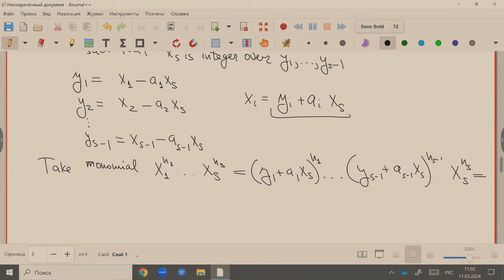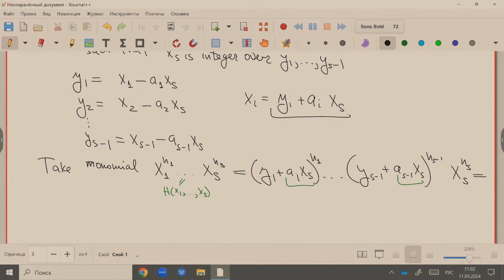So you will see that the highest power of xs will come from this kind of relation. Yeah, so also denote this by h of x1, ..., xs. It is just to show you something about this monomial.